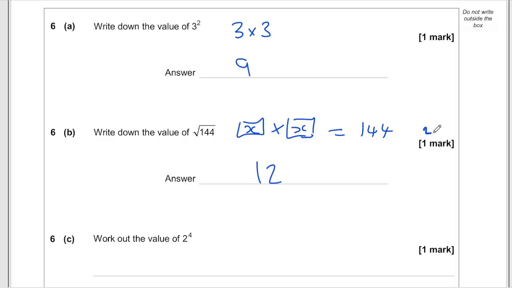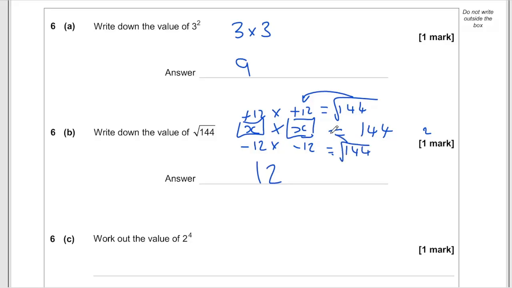Now, what you need to be aware of is that's a 1 mark question. If that was a 2 mark question, then plus 12 times plus 12 would equal 144. So the square root of 144 will equal 12. But minus 12 times minus 12 would also equal 144.